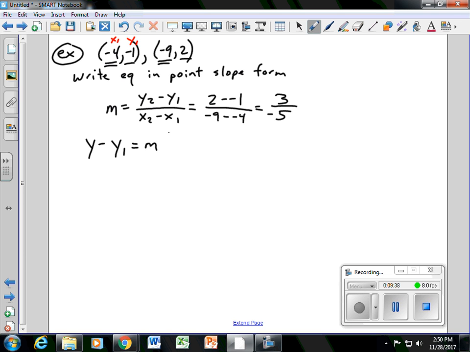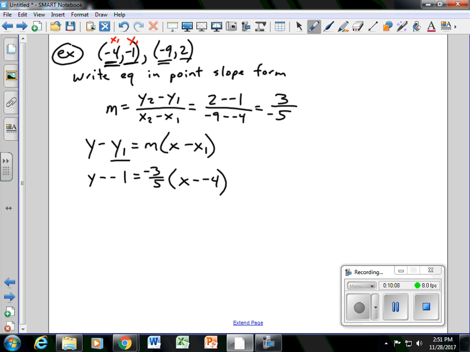So let's plug that into the point-slope formula. y minus y sub 1 equals m times x minus x sub 1. And my y sub 1 is negative 1. So I have y minus negative 1 equals m, but I just found that my m is negative 3/5, times x minus x sub 1, which was negative 4.